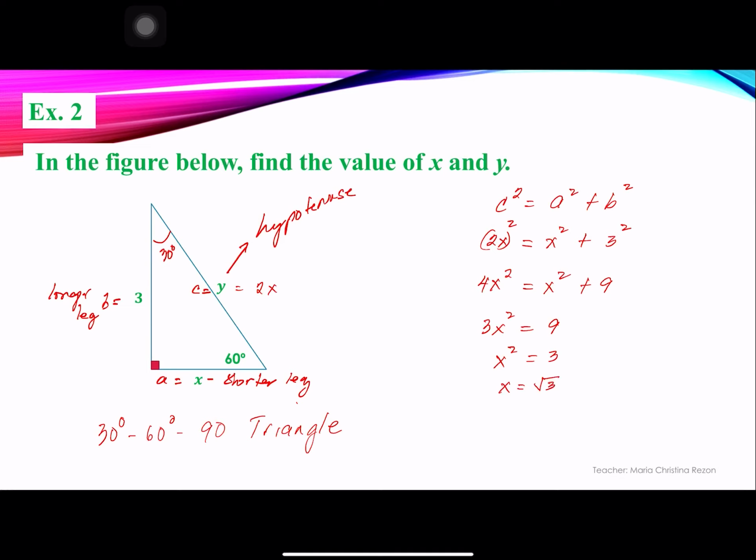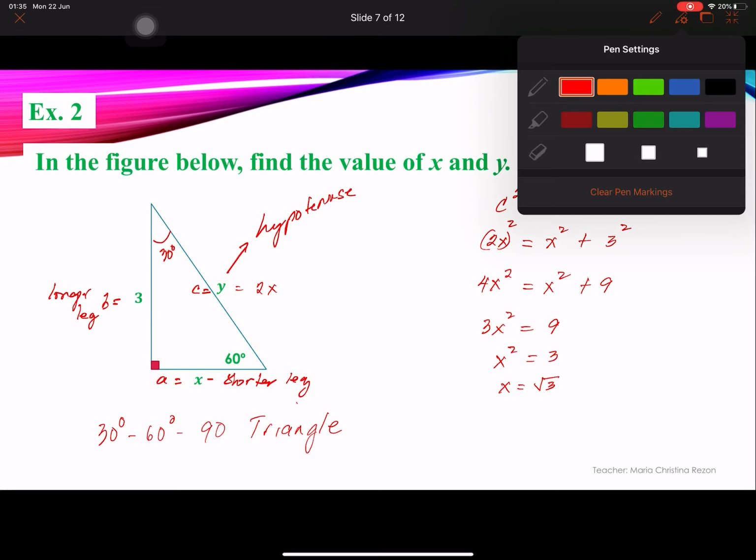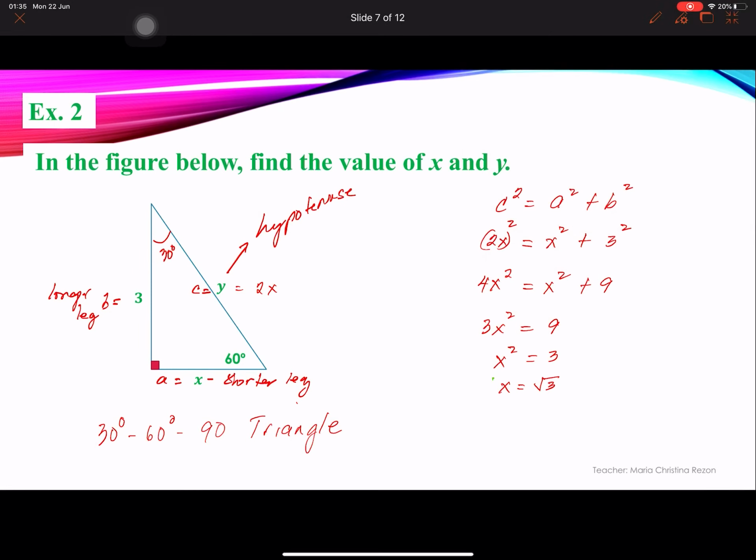And since your x is square root of 3, your y is equal to 2x, which is 2 square root of 3. And this is your y.